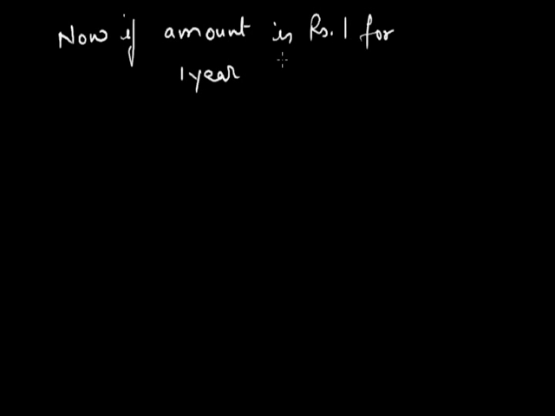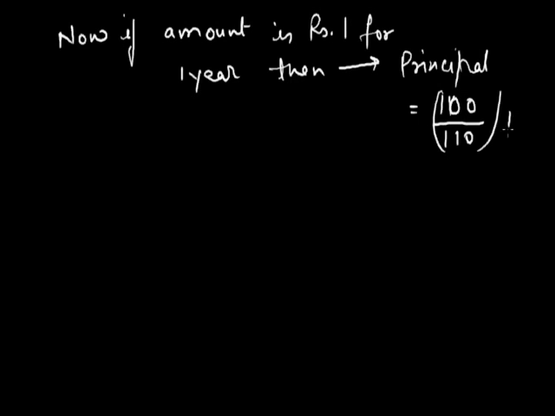So if amount is rupees 1 for 1 year, then principal is equal to 100 divided by 110 rupees for 1 year.